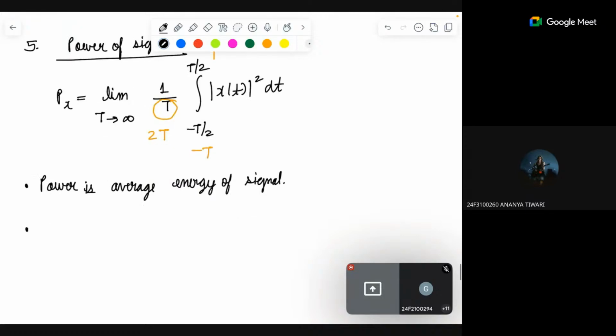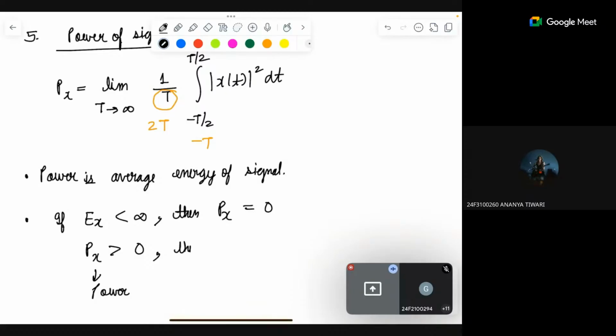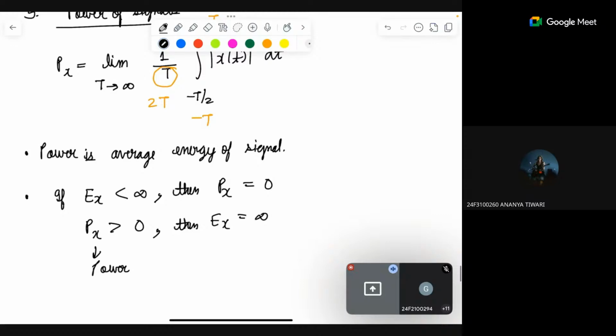Now we saw that if energy is less than infinity, it is an energy signal, and if we calculate the power of an energy signal, it will be 0. If power is greater than 0, it is a power signal, and its energy will be infinite, just like a periodic signal. A periodic signal has infinite energy, but its power is finite. So, are these things clear from the lecture?